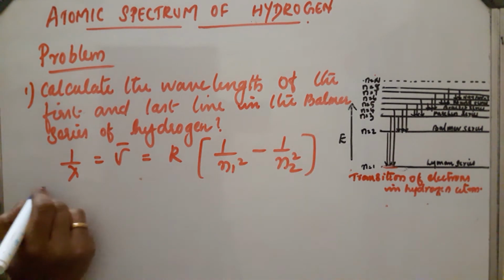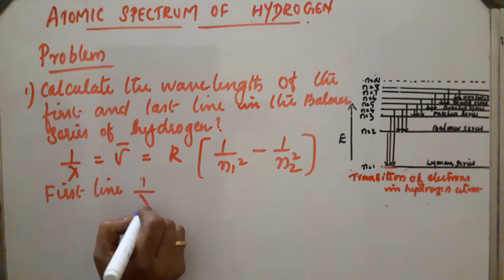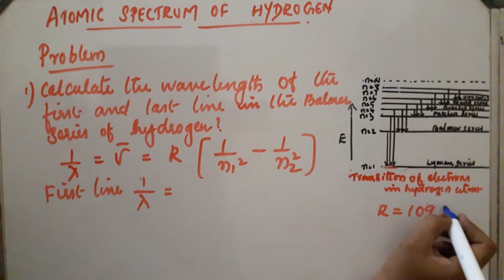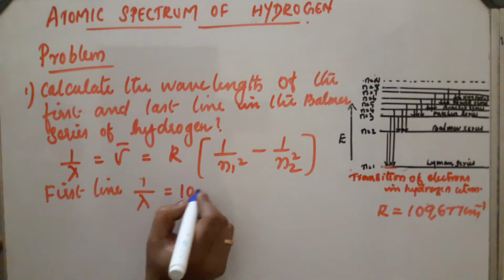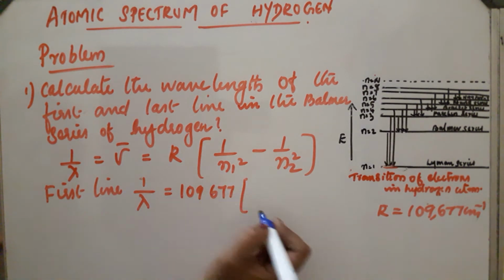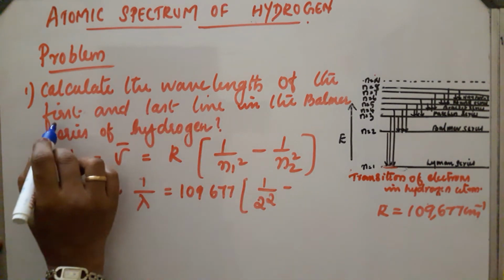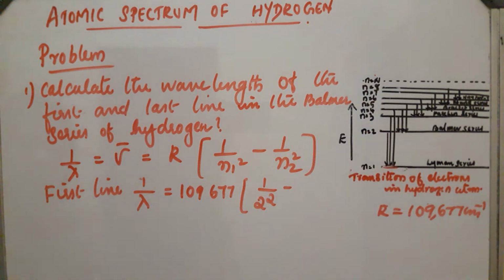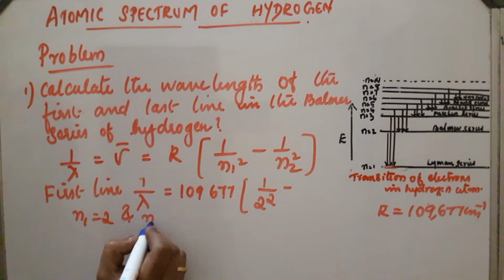Now, in the case of the first line, 1 by lambda will be equal to R, and R is equal to 109677 centimeter inverse. So 109677 into, we know n1 is 2, and the first line is obtained from n is equal to 3 to n is equal to 2. So n1 is equal to 2 and n2 is equal to 3, so the transition takes place from 3 to 2.